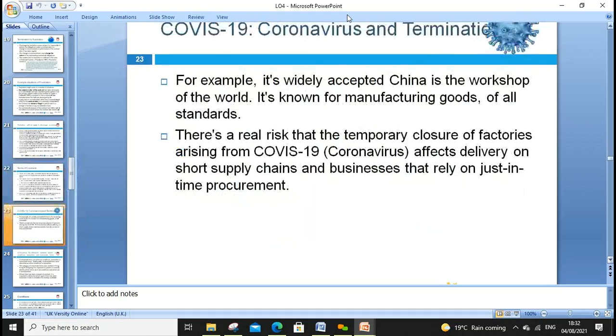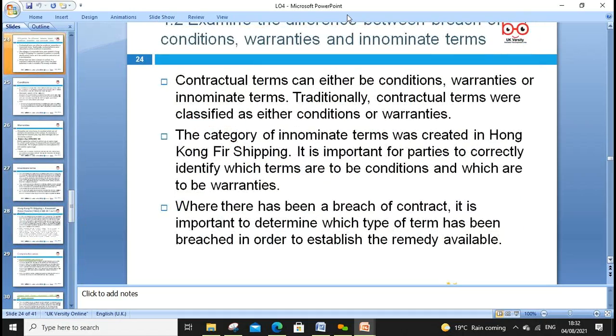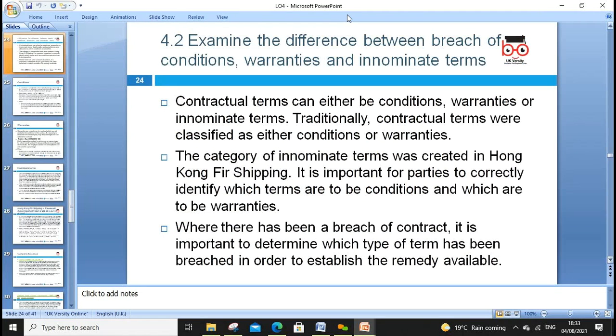The terms of the contract we always need to keep in mind, like we have examples here, COVID and various others. In 4.2 we examine the difference between breach of a condition and a warranty. Contractual terms are classified as either condition, warranty, or innominate term. The category of innominate term was created in Hong Kong.